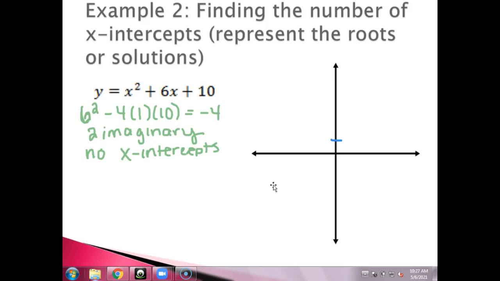You'll find your vertex. So it's symmetric through negative 3 again.